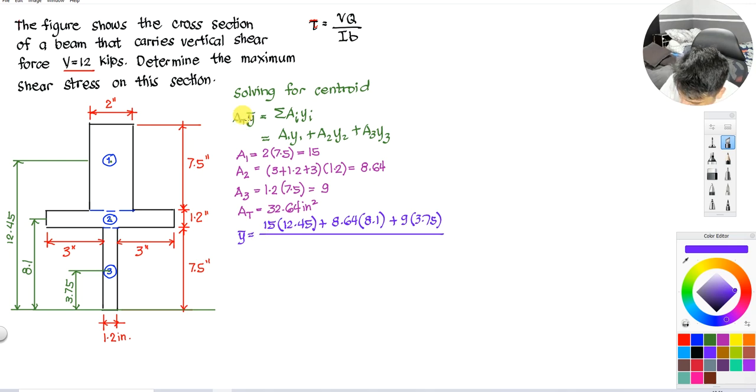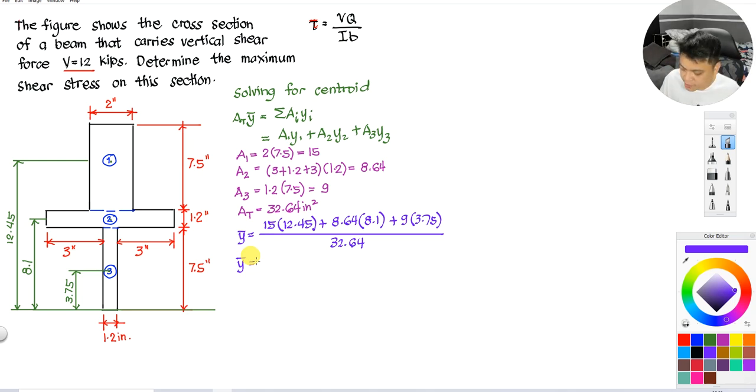So I divide by the total area, 32.64. So that's 15 times 12.45 plus 8.64 times 8.1 plus 9 times 3.75, divided by 32.64.